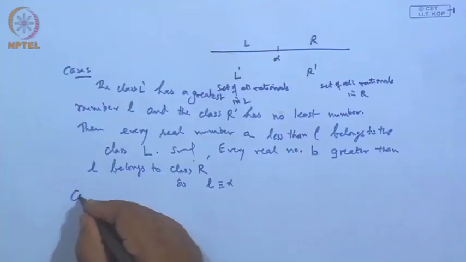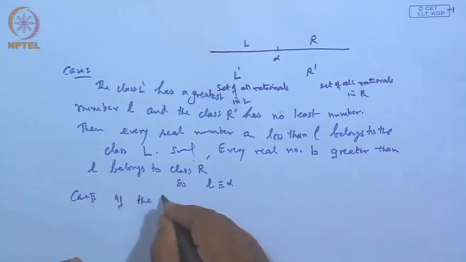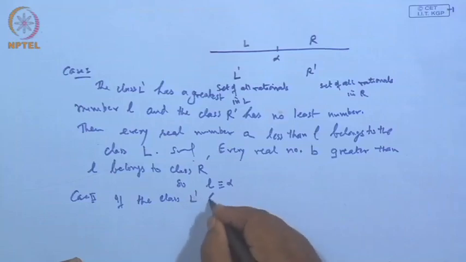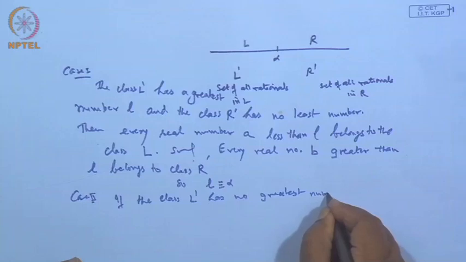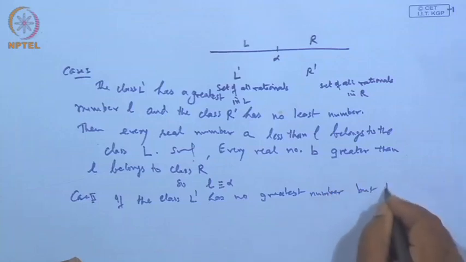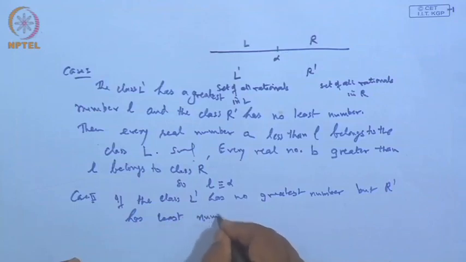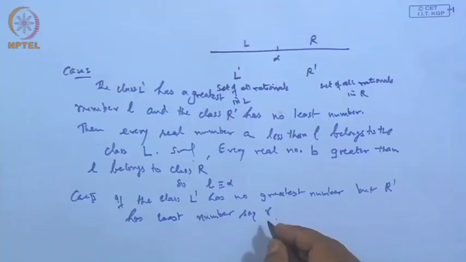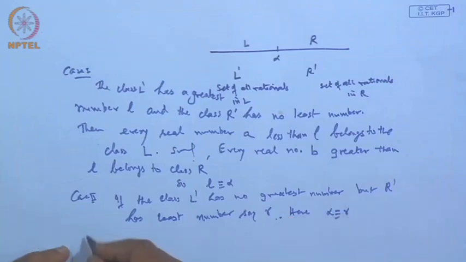Similarly, in the second case, if the class L dash has no greatest number but R dash has a least number, say small r, then the same argument holds, and in this case alpha becomes r.